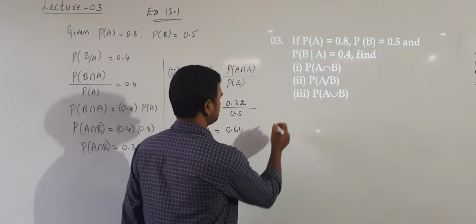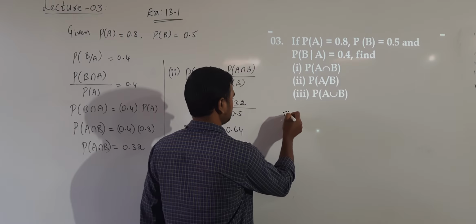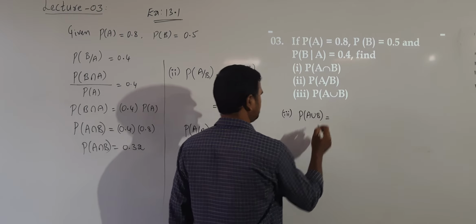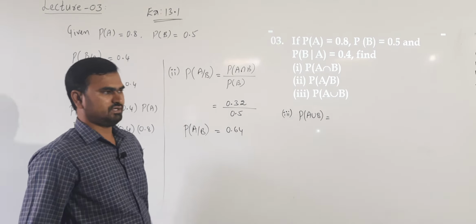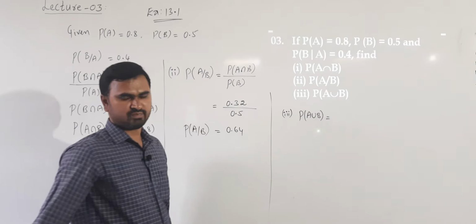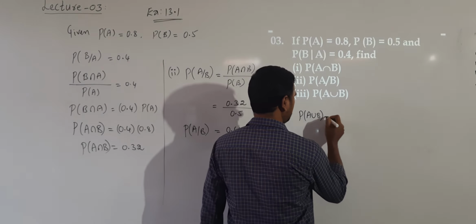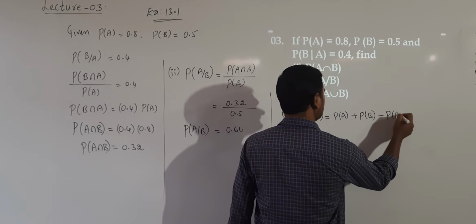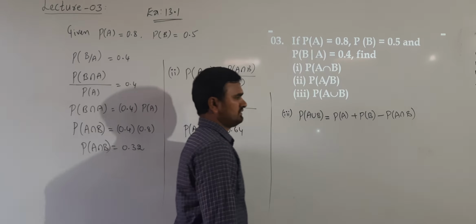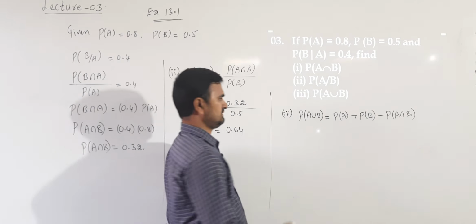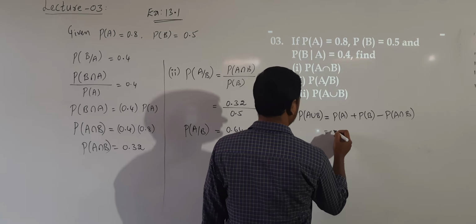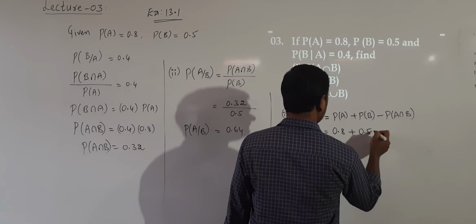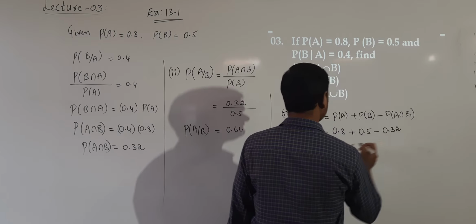Next, third part. Probability of A union B. How to find the probability of A union B? Using the formula we know, it is P of A plus P of B minus P of A intersection B. P of A is known, 0.8, plus P of B is given, 0.5, minus A intersection B we know 0.32.